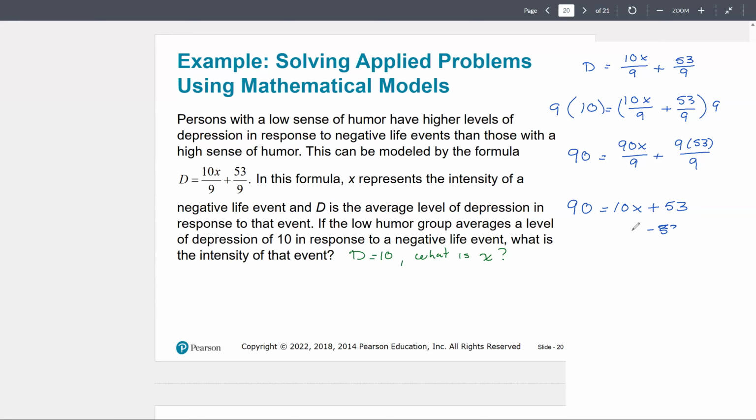So let's subtract 53 from both sides. So that should leave me with 37, right? And then if we just divide by 10, we get x equals 37 over 10, or 3.7.